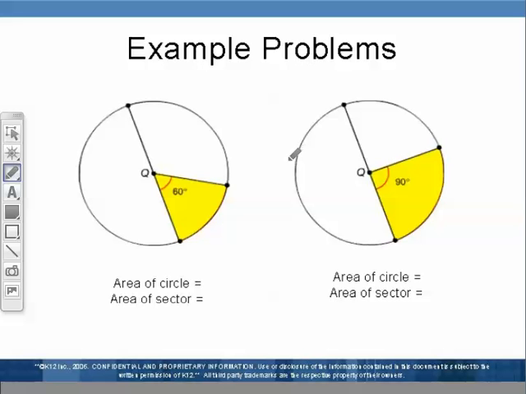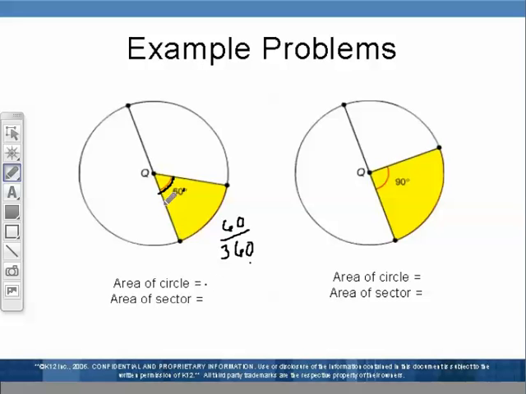Now, one of the things I want to point out to you is when we take a circle and we take some portion of that circle, like 60 degrees here, that is actually 60 degrees out of the entire 360 degrees. So we can find the area of the circle.